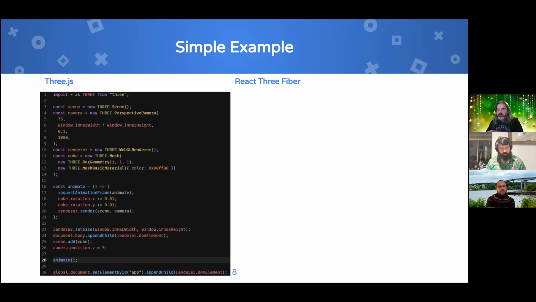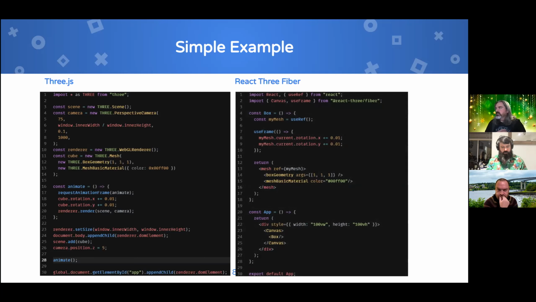If you didn't do that Z change, the camera would be stuck in the middle of the scene, so it pulls it back so you can actually view the scene. Then we call our animate function that does the rotation. And finally, we add the whole of Three.js to the DOM. So let's compare that with React Three Fiber.